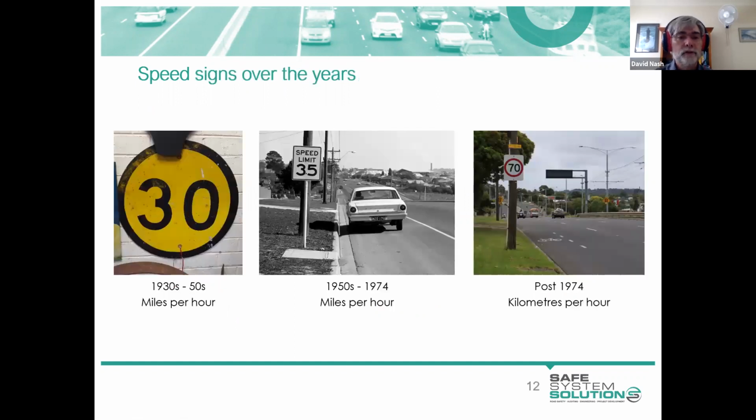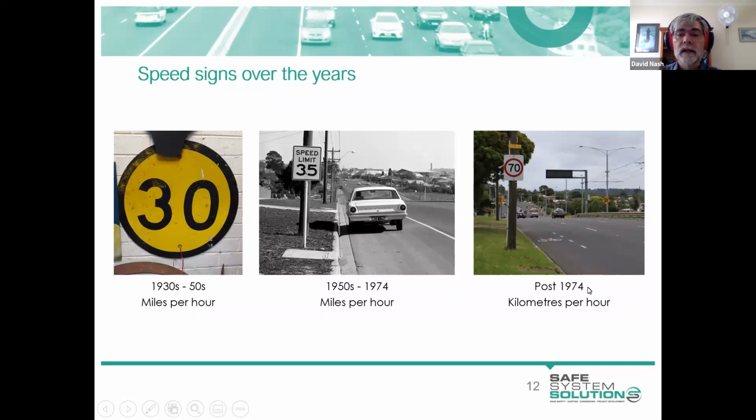Here's just a little bit of history. Old speed limit signs used to be in a yellow circle, and of course they were in miles per hour. Up to about 1974, they were still in miles per hour and were in this format, which is actually still the same as the design of these signs in America.